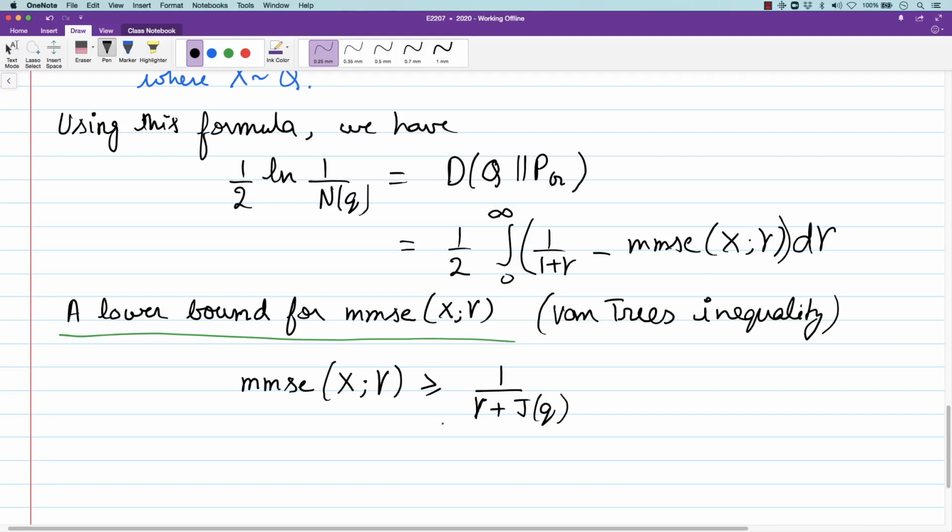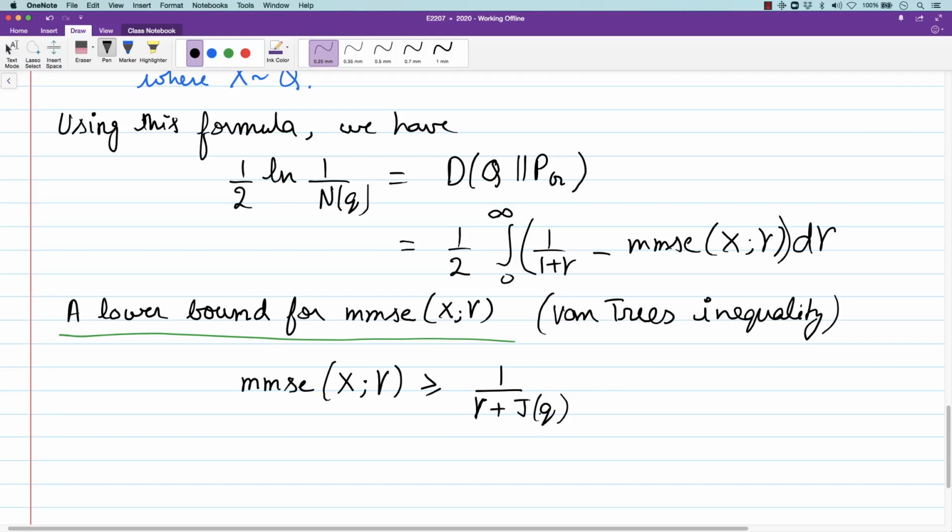The Cramer-Rao bound typically entails Fisher information for the channel, the noisy channel under which you observe x, which is the Gaussian case here. So this gamma represents that Fisher information for the channel. This J(Q) is the Fisher information for the distribution of the unknown x, the distribution of the prior.